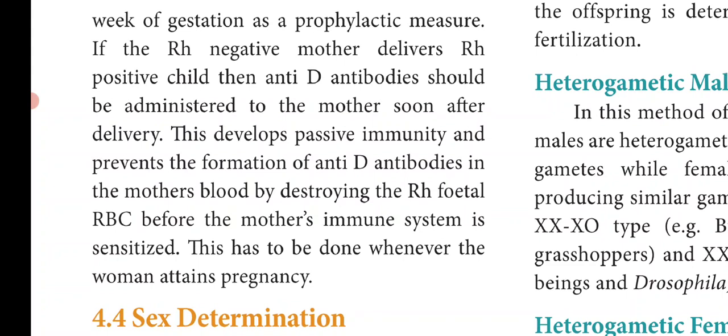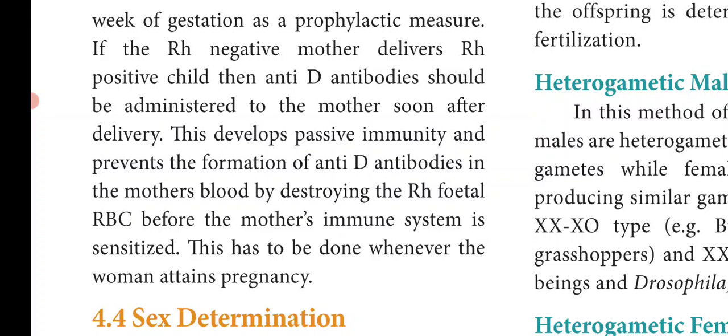So what do you mean by active and passive immunity? Active immunity means, if the mother sensitizes to the Rh antigen and starts producing the antibodies, it is called active immunity. But here the anti-D antibodies are taken from some other person and administered into the mother's body.